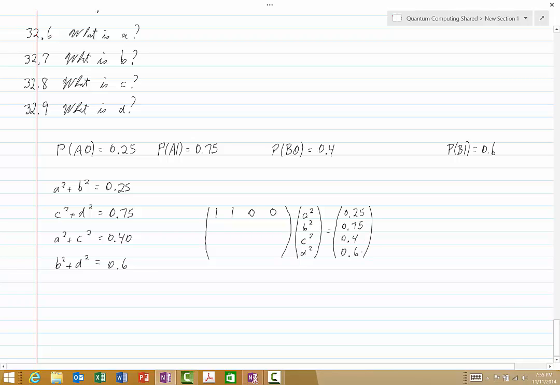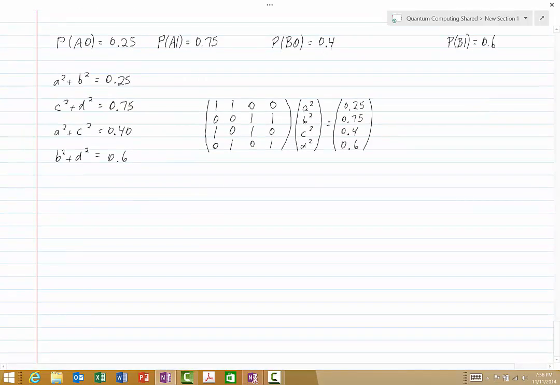Then the second equation would be 0, 0, 1, 1 to give C squared plus D squared equals 0.75. The next one would be 1, 0, 1, 0 to give A squared plus C squared equals 0.4. And then finally 0, 1, 0, 1 to give B squared plus D squared equals 0.6.